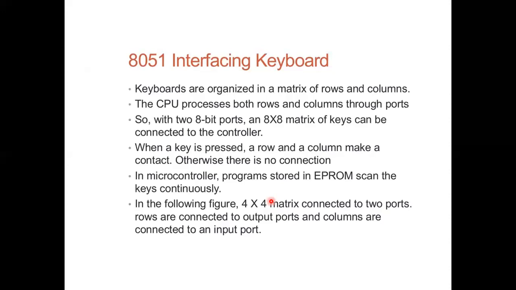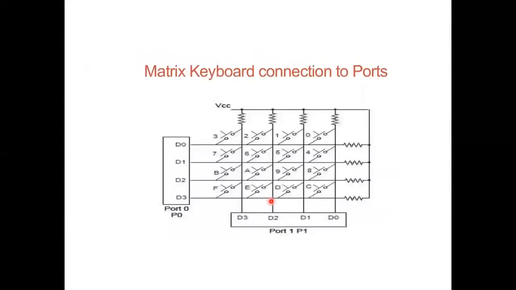In the following figure, a keyboard matrix is connected to two ports. Rows are connected to the output port and the columns are connected to the input port. We already know that the 8051 has ports 0, 1, 2, 3.